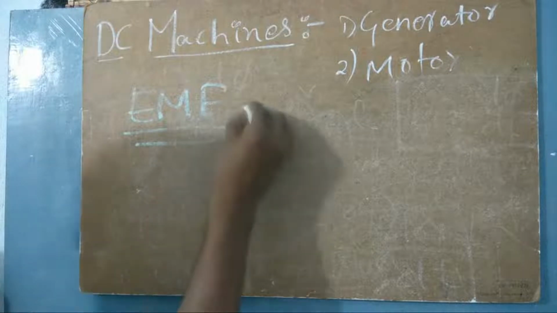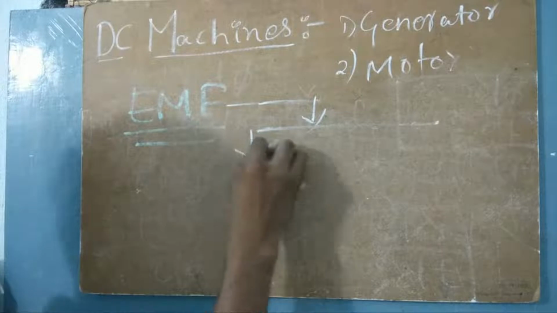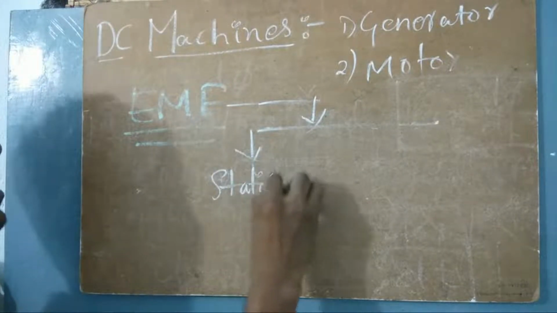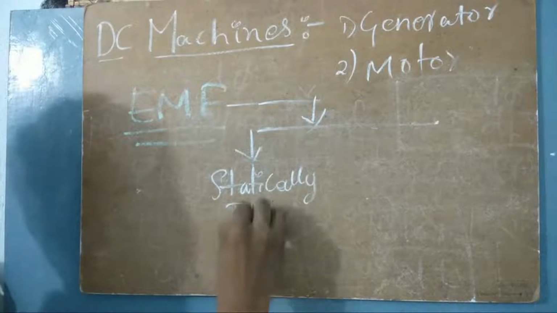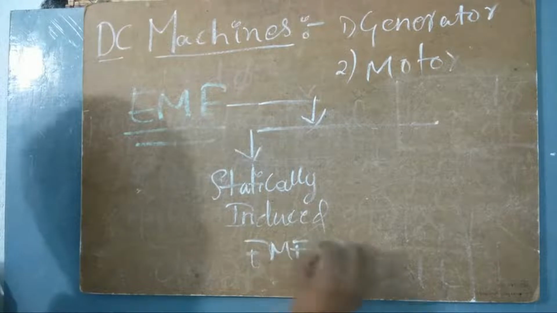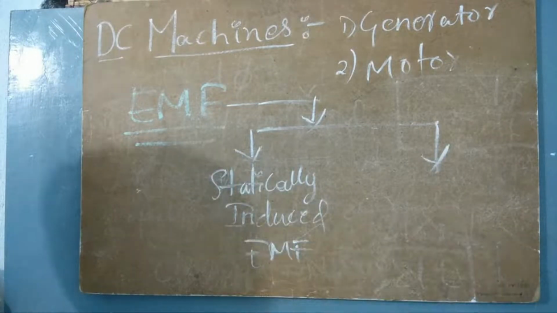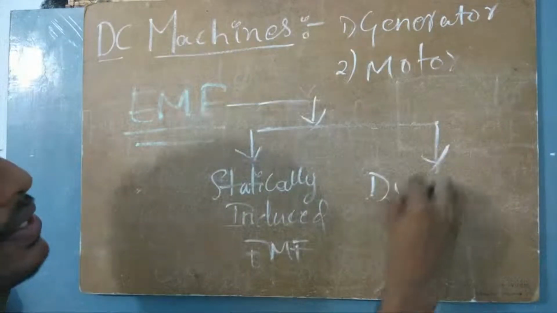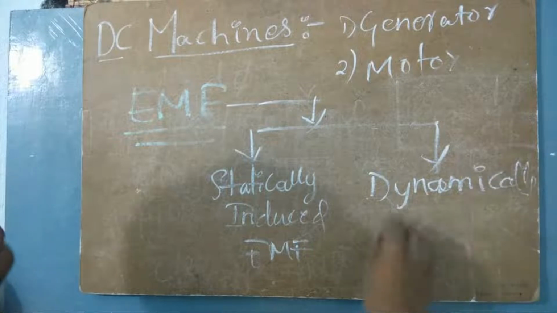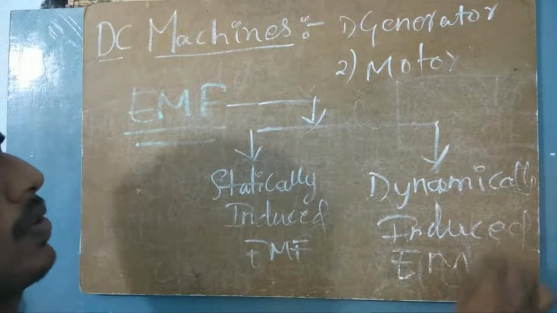So EMF is basically divided into two. The first one is statically induced EMF. When I say static here, the next one will definitely be dynamic, that is dynamically induced EMF.